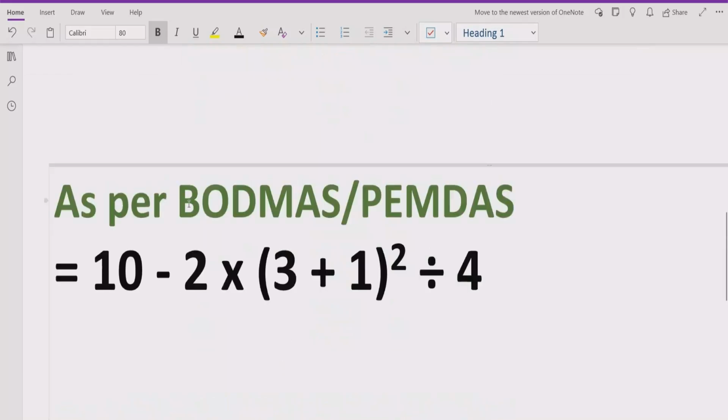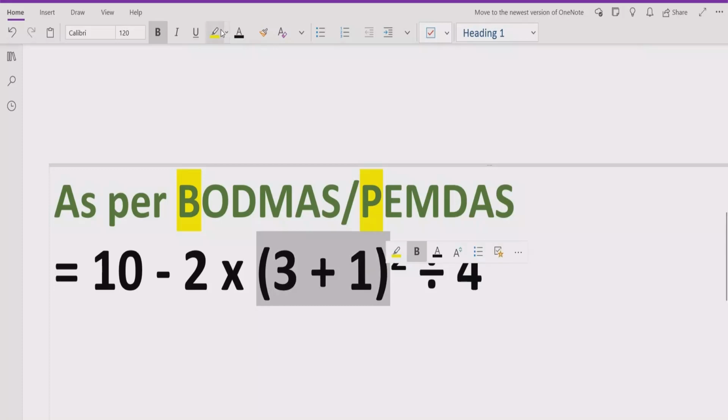So according to the BODMAS and PEMDAS rule, first of all, we have to solve the bracket or parenthesis. So here we have one bracket, which is this one. And outside the bracket, we have a number which has the power. So first of all, we have to solve the bracket, inside which we have 3 plus 1.